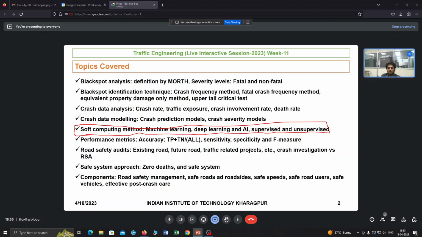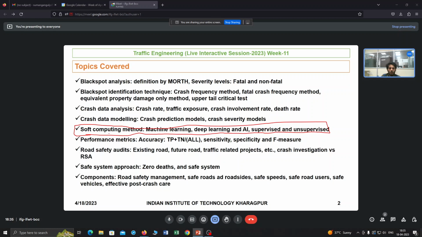In case of road safety audit, what do we mean by road safety audit? It is an audit done by a road safety expert committee to identify whether there are any deficiencies, either in an existing road or in any future road project that is going to be taken up by the government, and also maybe some traffic related projects, right?